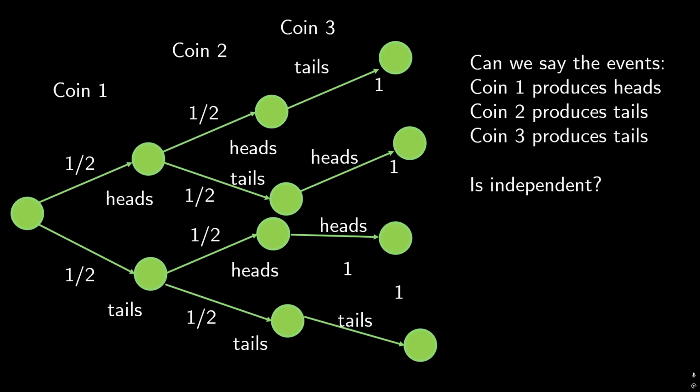So why did I say seemingly independent? Because this is the interesting case. Instead of asking for 1 and 3 or 2 and 3, let's say we ask for 1, 2, and 3 at the same time. Let's say I have the events coin 1 produces heads, coin 2 produces tails, and coin 3 produces tails. Are they independent?